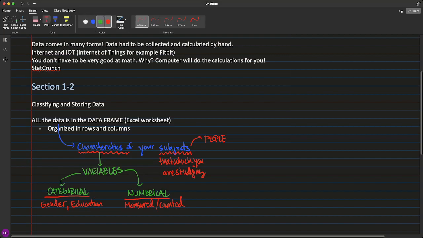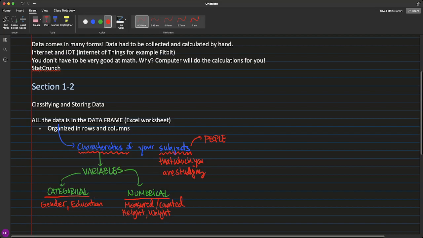Well, you can measure a person's height. You can measure their weight. You can measure, I don't know, the length of their nose, all sorts of things. Notice if you were to ask, what's this person's height? You would respond with a number.